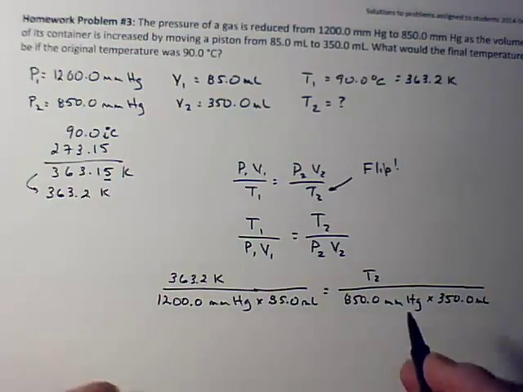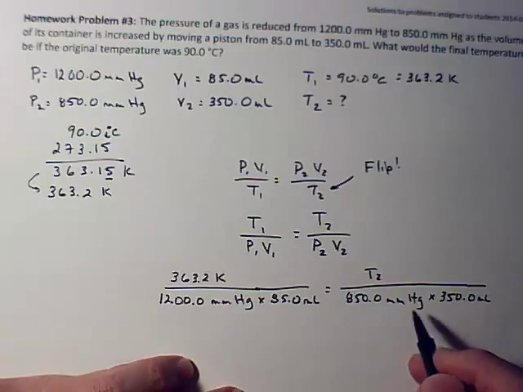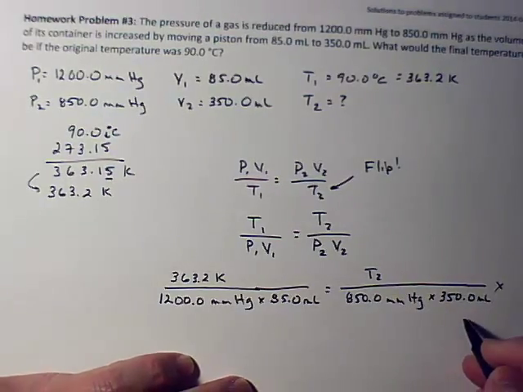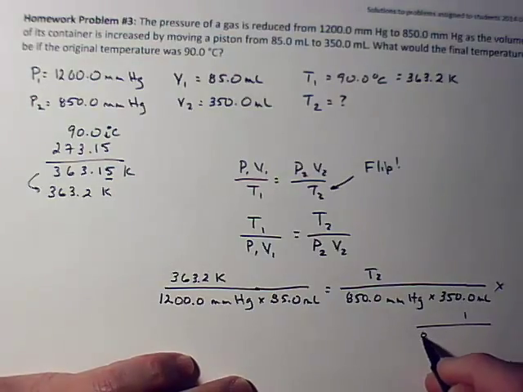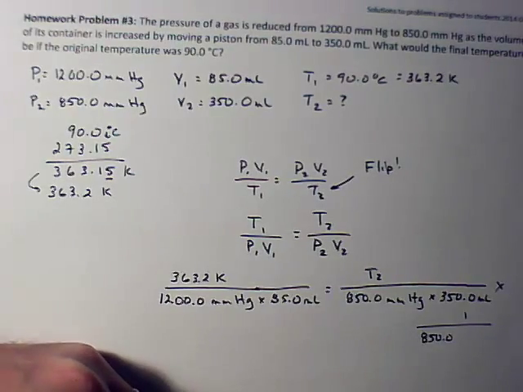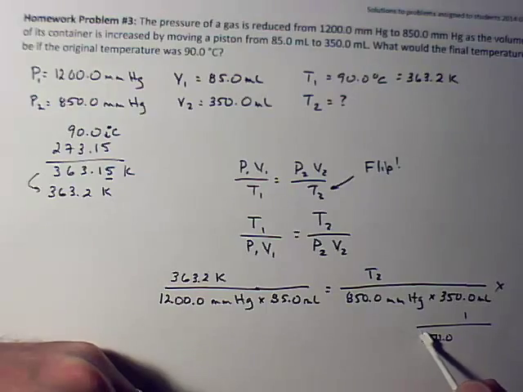I've got to multiply by these two things to get T2 by itself. So I want to multiply by 1 over 850.0. Oh, I'm sorry, 850.0 millimeters of mercury goes on the top. I'm going to put it over 1.